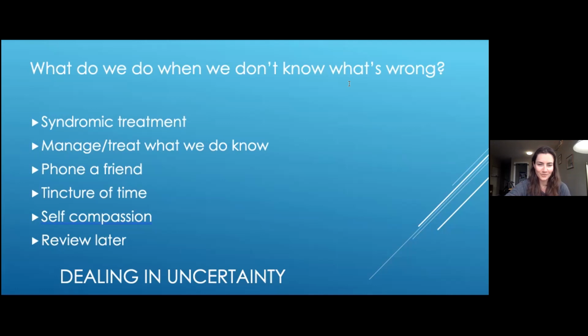We treat them for all of them, right? We just try to keep them safe. Or if the real problem is that they're in respiratory distress, we manage that first, and we figure the rest out later, right?